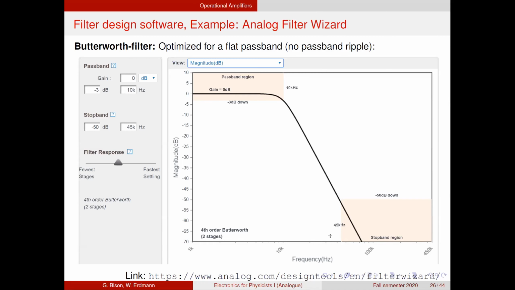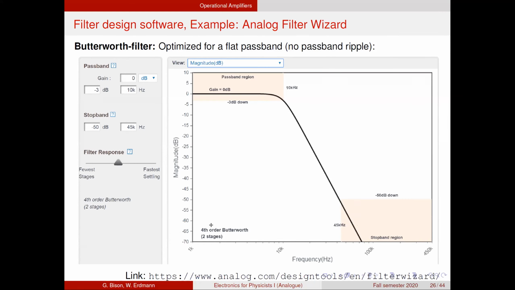And well, this is obviously nicer than that, but you need one more filter order, so it's a 4th order Butterworth filter in order to do that. But since you can realize 2 orders per stage, it stays at 2 stages.